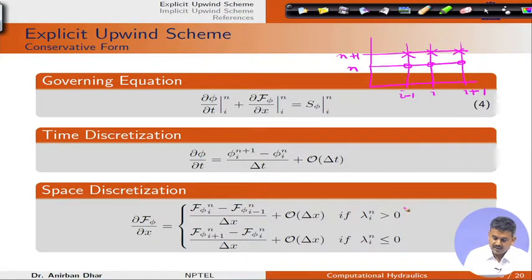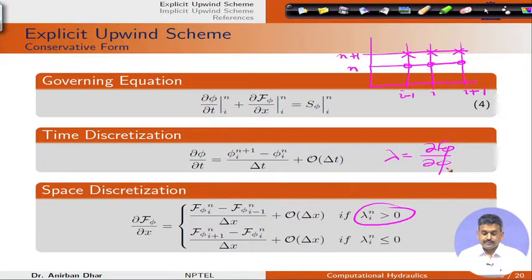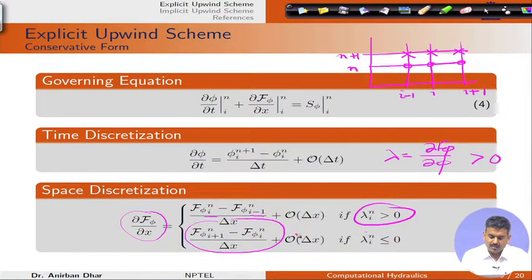Interestingly, in this case, if lambda i n is positive, where lambda is the change in flux with respect to variable phi, then we will be utilizing the derivative with i minus 1 for del phi by del x, and if lambda is negative, then we will be utilizing f i plus 1 minus f i value for this one.